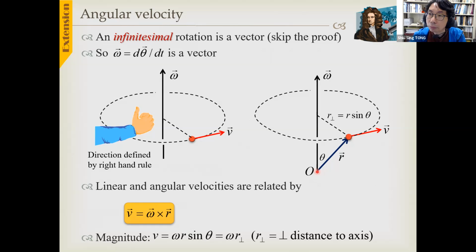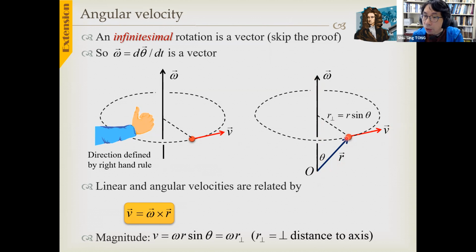Imagine now we measure everything, the position of the particle, from a point O along the axis of rotation. So the position of the particle at any time is given by this position vector r. The linear velocity of the particle is tangential to the circle. Now, imagine omega is along the axis.